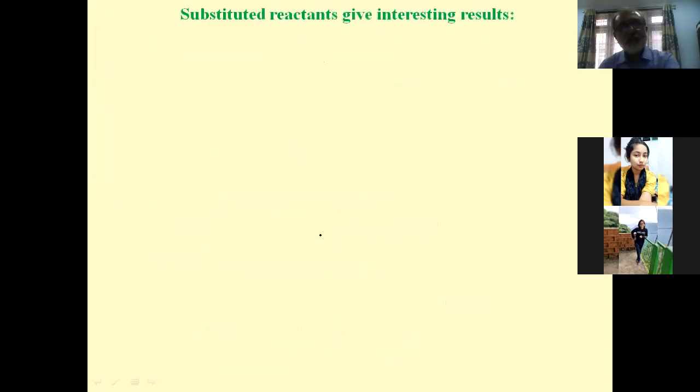So now, when we take the example of that nature that we showed in our last slide, the simple polyene, the reaction appears to be very simple.